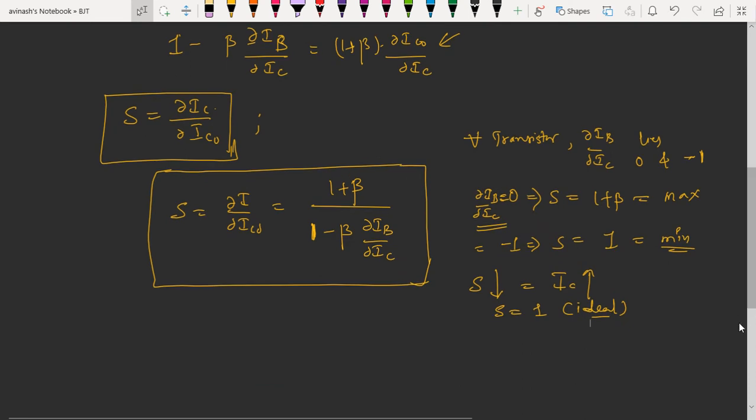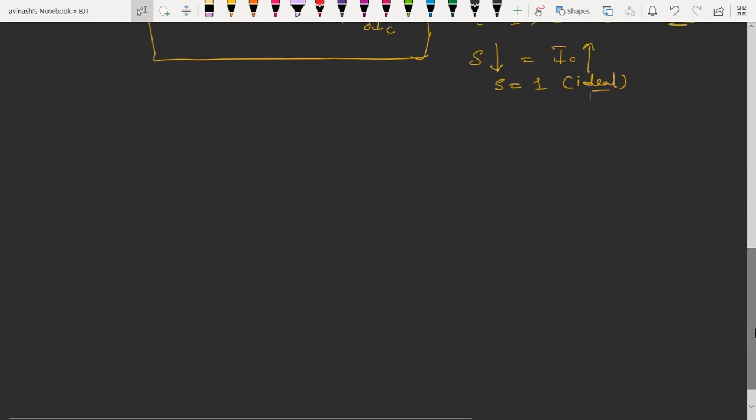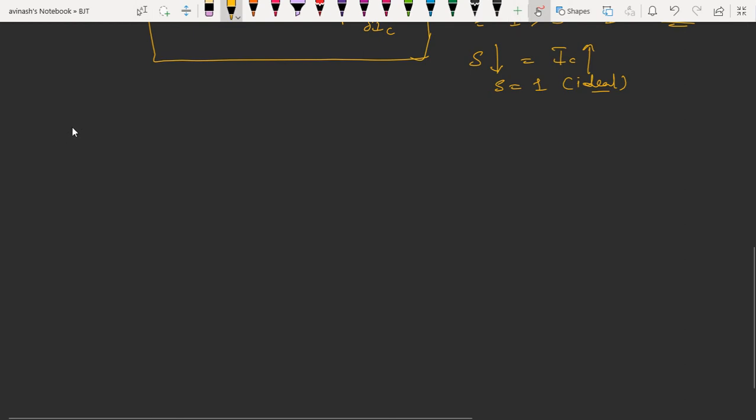So let us write here the procedure to calculate the stability factor.